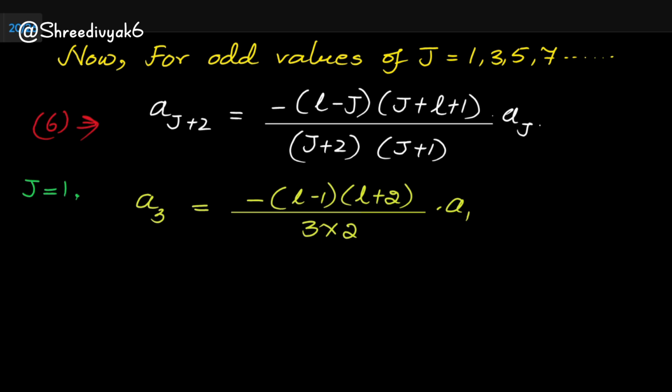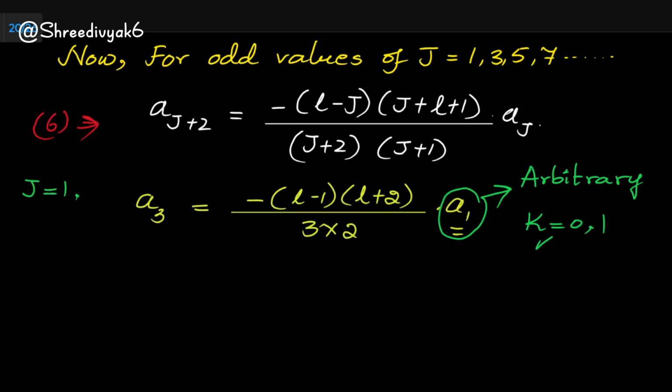A1. Now look at this value A1. We had considered this when we were solving for the value of k. When we were discussing the value of k from the indicial equation, we had chosen this value of A1 as arbitrary. From the indicial equation, we had got two values, k is equal to 0 and k is equal to 1.